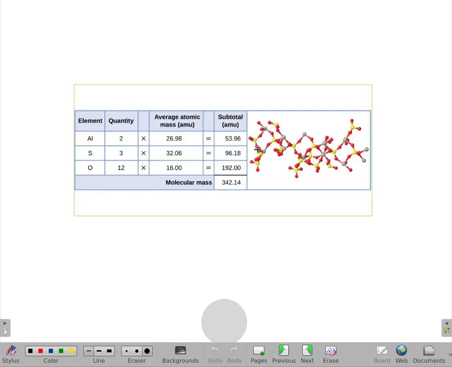Even with things like aluminum sulfate, the crystal structure gets complex. That's what they're trying to show here, looking like it's in 3 dimensions. But to figure out its formula mass, we just take the aluminum and the sulfate and figure out the relationship, the same way we did in our last chapter.